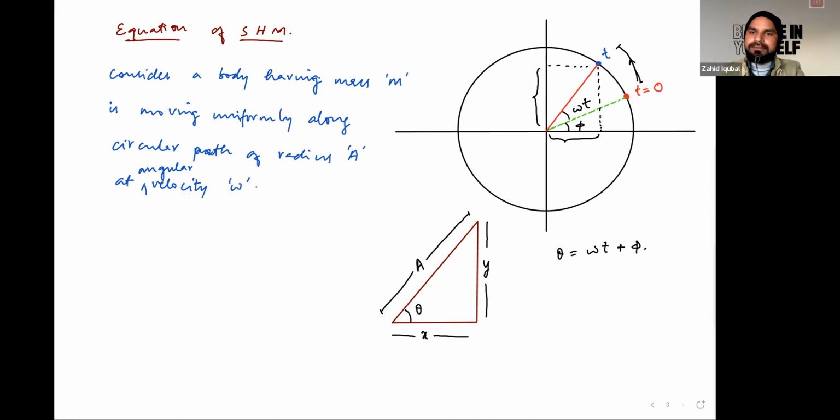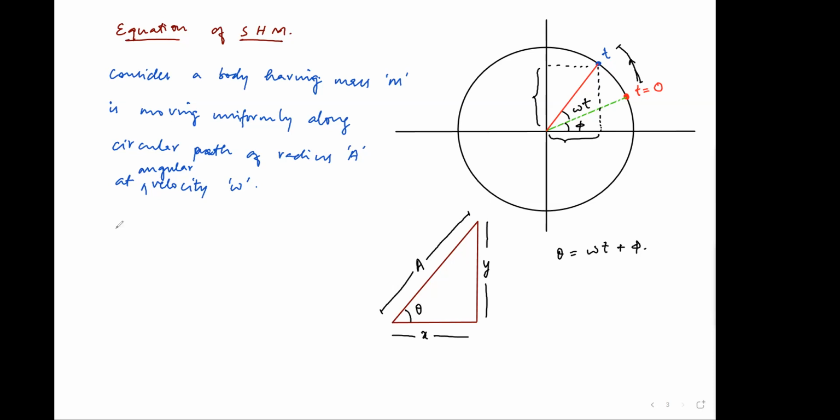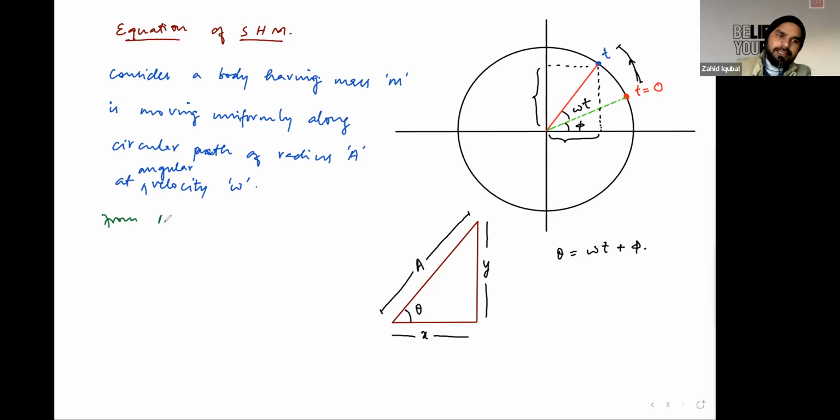Hamza, any doubt up to this? No, sir. Now, from the triangle, sine theta is equal to perpendicular over hypotenuse. So y will be equal to A times sine theta, and theta is omega t plus phi.